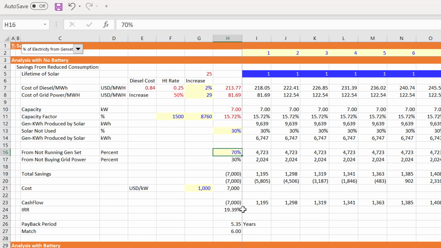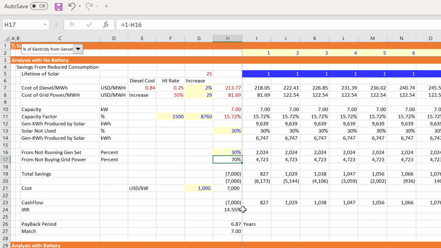If the grid power is good and we only have to run our generator 20%, and remember, this is the time during the day when the solar power is producing, this is the number. That's why when I introduced the whole thing, I showed you hour by hour kind of analysis. This is the substitute for hour by hour analysis.